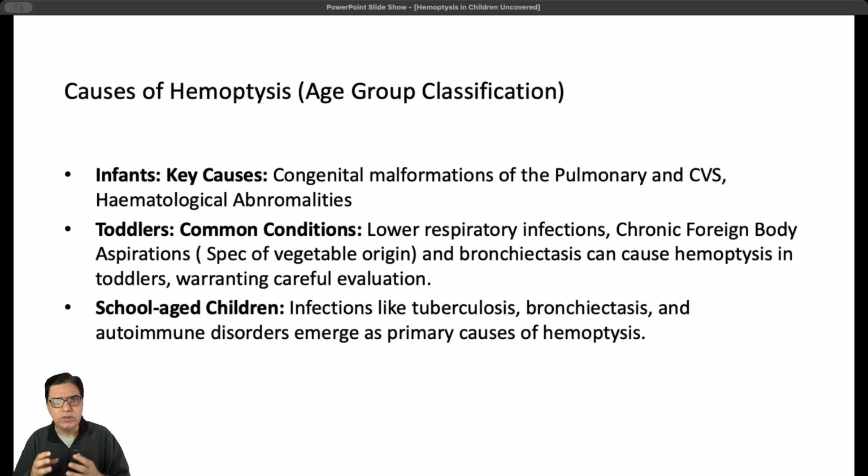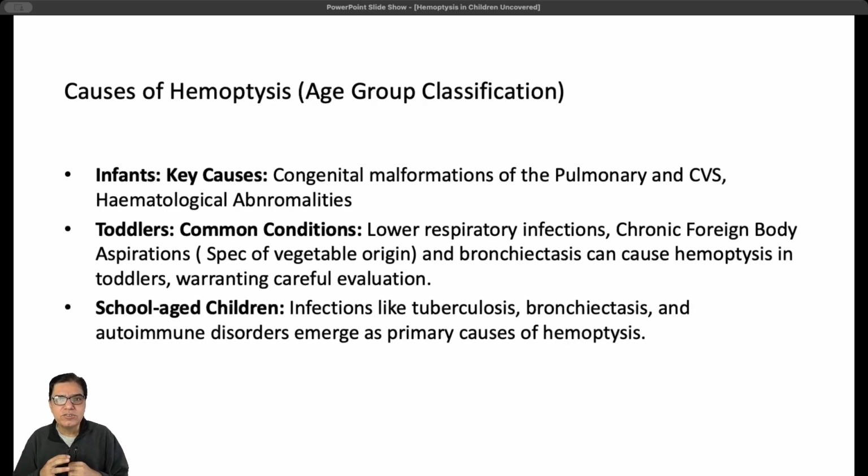Similarly, if somebody has repeated sinusitis, saddle nose deformity, and some renal involvement, then you can be thinking of granulomatosis with polyangiitis, which was called Wegener's granulomatosis. Wegener's granulomatosis is C-ANCA positive, like Churg-Strauss is p-ANCA positive.